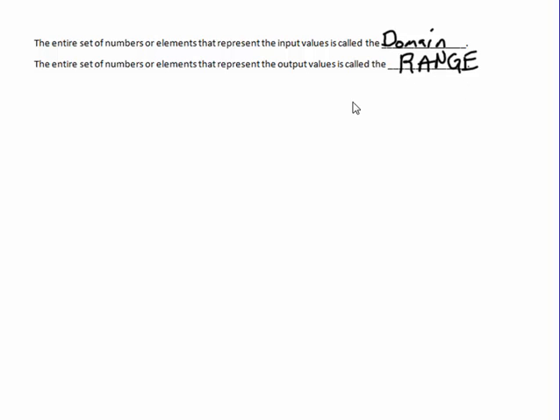Now it seems like we're calling the same thing a bunch of different names, but there are different contexts that we can say them in. So I just want you to remember that the entire set of numbers, all of the numbers collectively that make up your input values, that's your domain. So all of your x values is called the domain. All of the y values, that is your range.